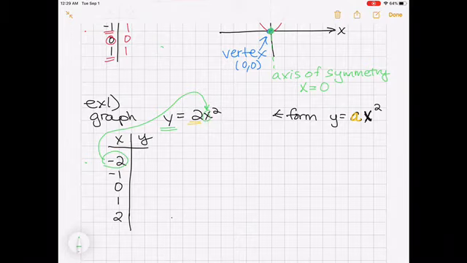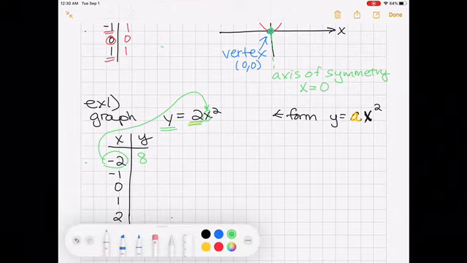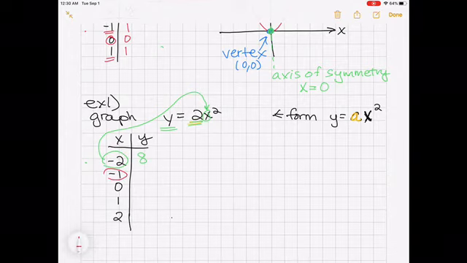We know negative 2 squared is positive 4 times 2 is 8. I know that negative 1 plugged into x is negative 1 squared, which is positive 1, times 2 is 2.